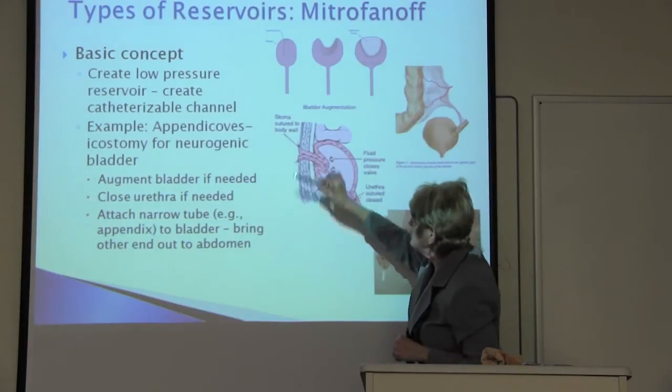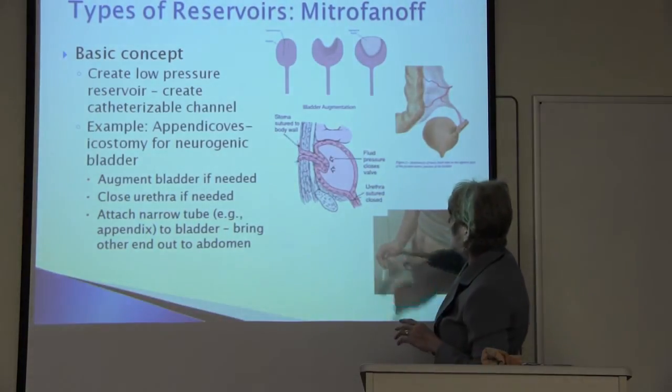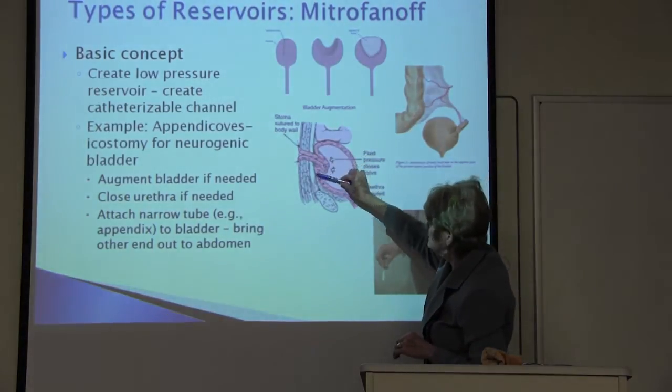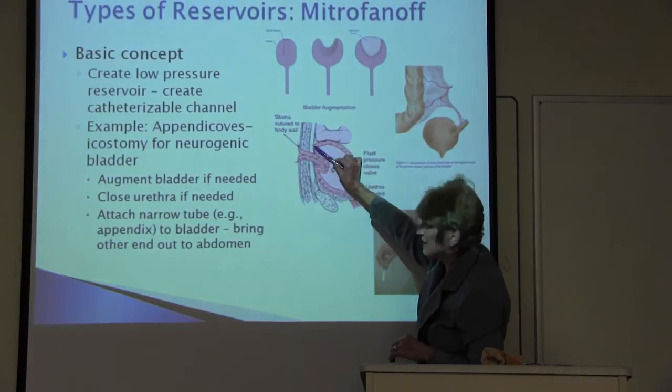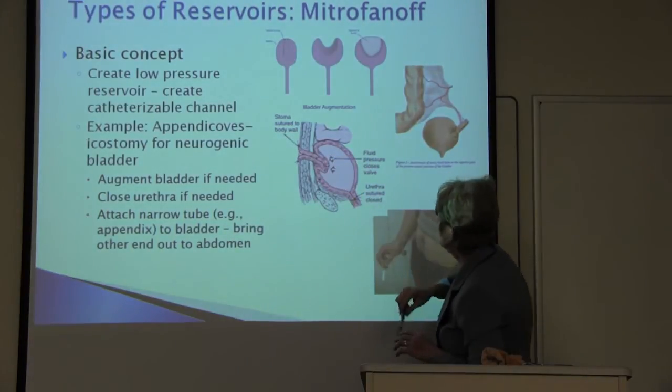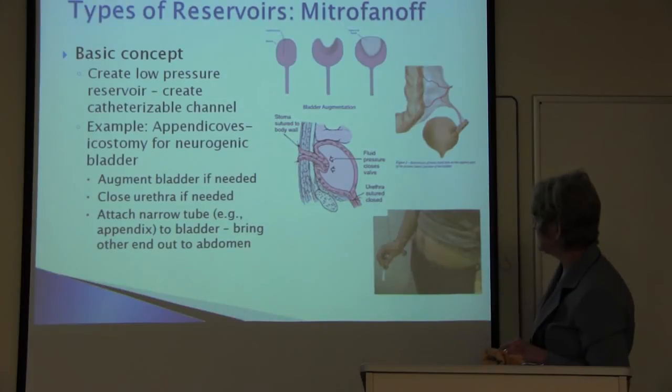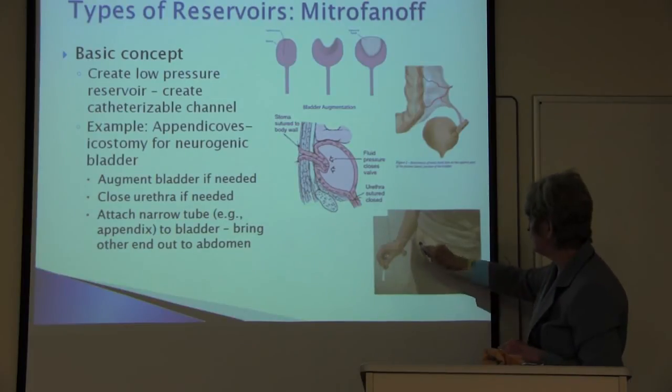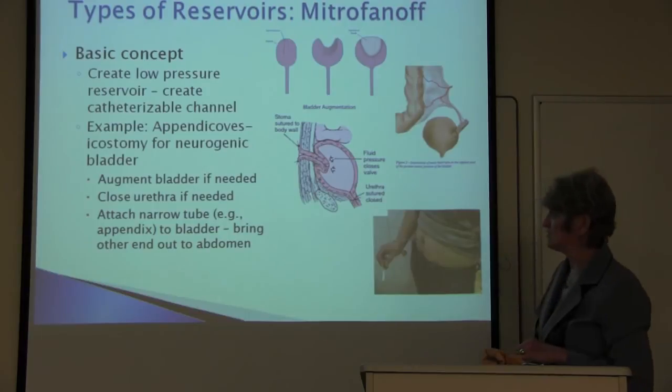Connect it to the bladder and to the abdominal wall. As the bladder fills, it creates pressure that helps to keep this pathway closed. To drain, the patient simply passes the catheter through the opening in the abdominal wall into the reservoir.